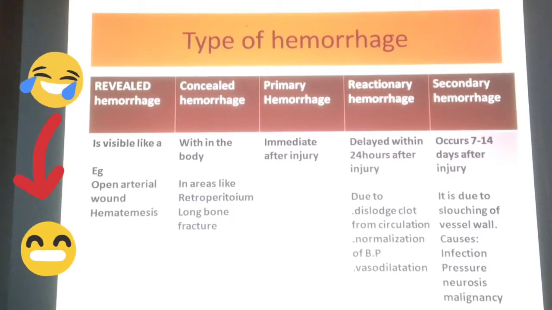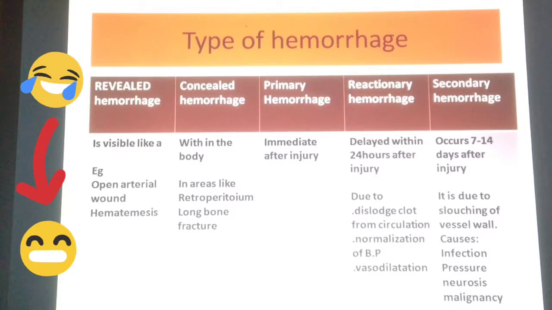In a primary hemorrhage, this is an immediate hemorrhage whenever there is injury inflicted onto the patient and the patient starts bleeding. Reactionary hemorrhage is delayed bleeding after 24 hours. This delayed bleeding is due to dislodgement of the clot which had previously occluded that blood supply, and later when this dislodges, the blood starts to ooze out from the avulsed area.